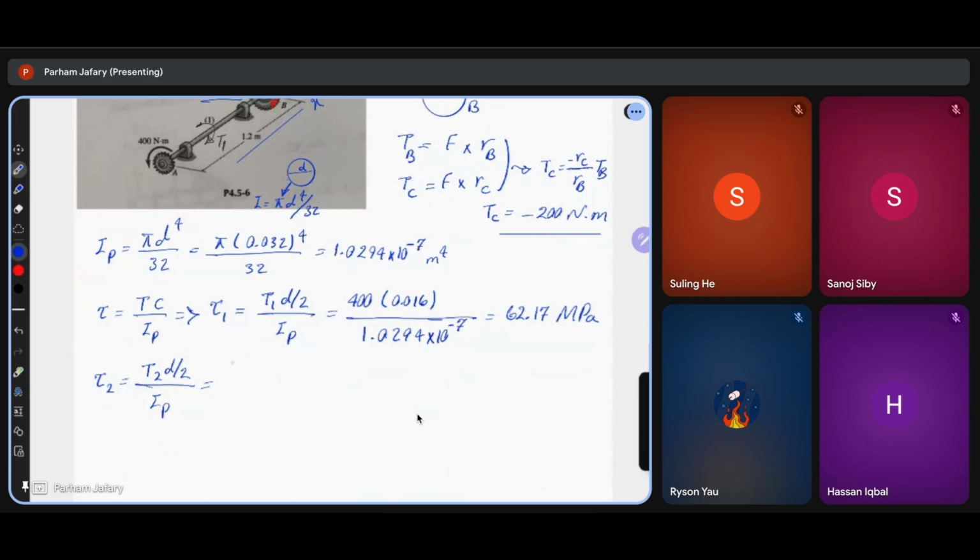So it will be 200 times 0.016, the diameters are the same, divided by 1.0294 times 10 to the power of negative 7. And this one will become 31.085 megapascals. Okay?